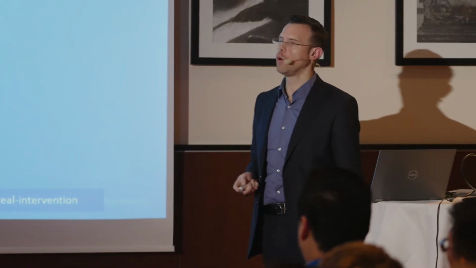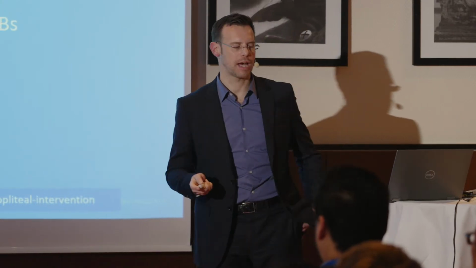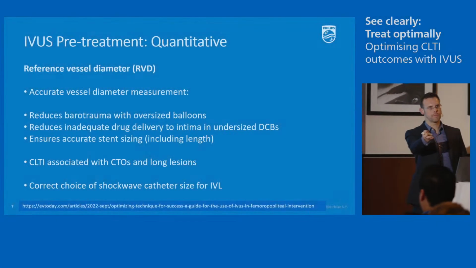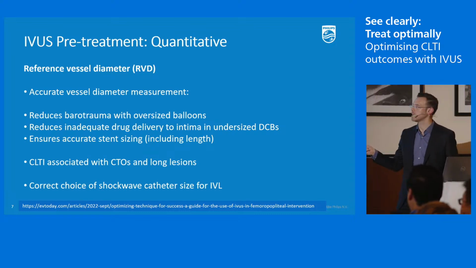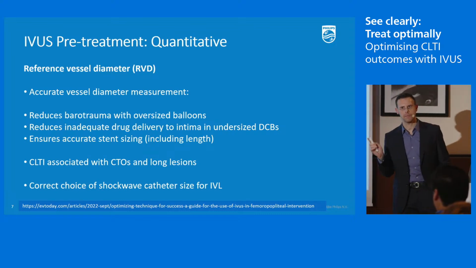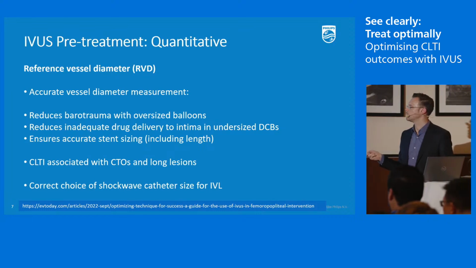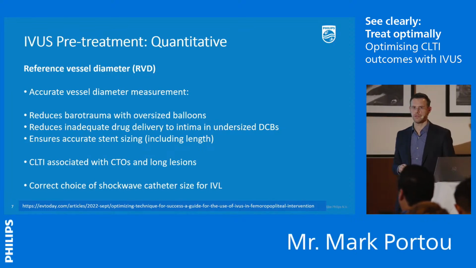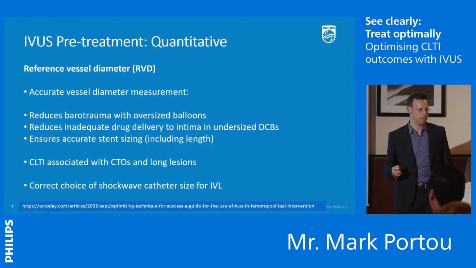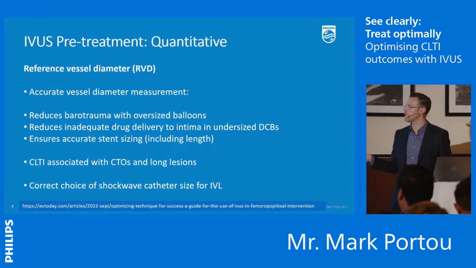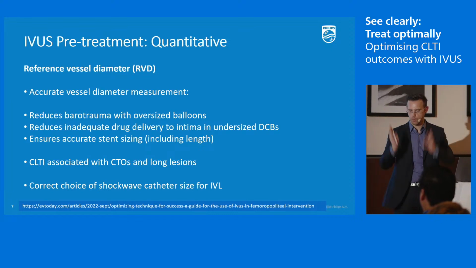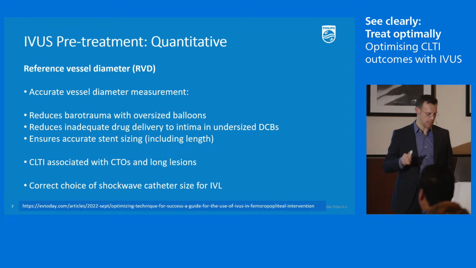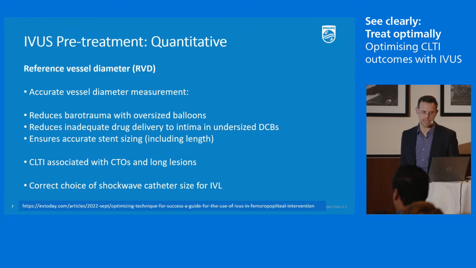So why is it important to get a true reference vessel diameter? Coming back to your point from NT, well, it's because you can oversize your balloon just as easily, I suspect. In the tibials, this is more important and can cause irreversible damage. Getting the right size drug-coated balloon so that it isn't just flapping in the wind, washing the drug off to your distal circulation and being delivered to the vessel wall where it's needed.